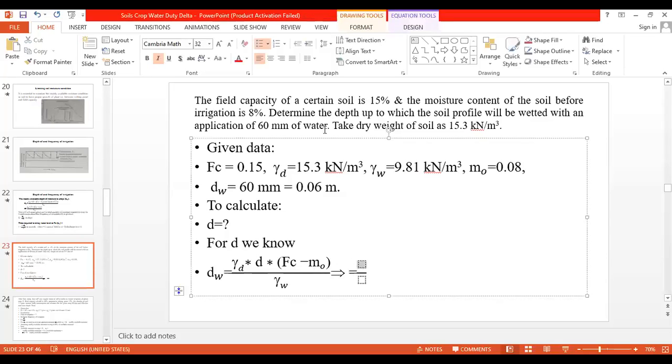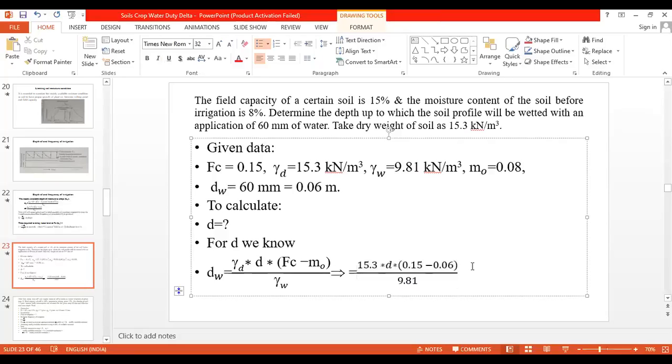Okay, now just put up the values over here so that you will get the answer directly. So gamma d is 15.3 into d, we want to calculate, there is a small d I will put up over here, into field capacity 0.15 minus optimum moisture content 0.06, bracket complete, divided by gamma w, that is 9.81, which is equals to dw that is given to us, that is 0.06.